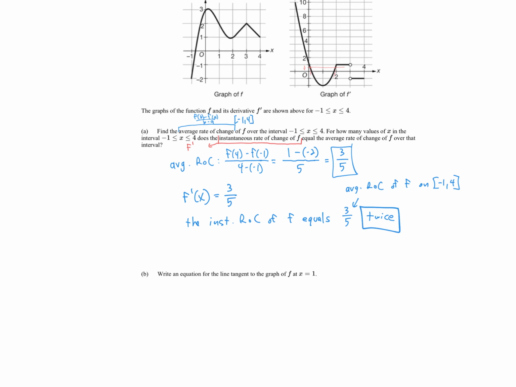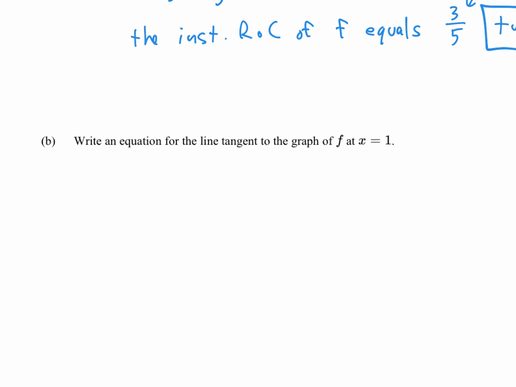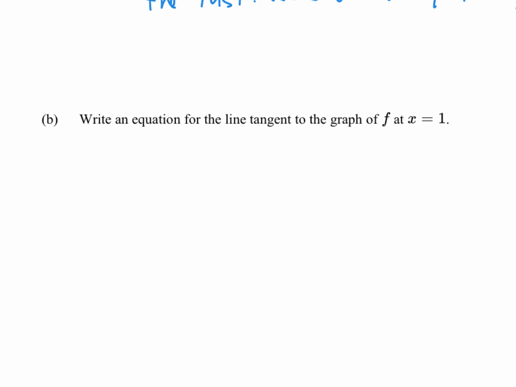Okay, next they say write an equation for the line tangent to the graph of f at x equals 1. Okay, right away, we'll use point slope. We can do this different ways, but I think point slope makes the most sense, especially when you're first learning this. So they ask us for the equation of some straight line, so we can always use point slope form to find the equation of a line.